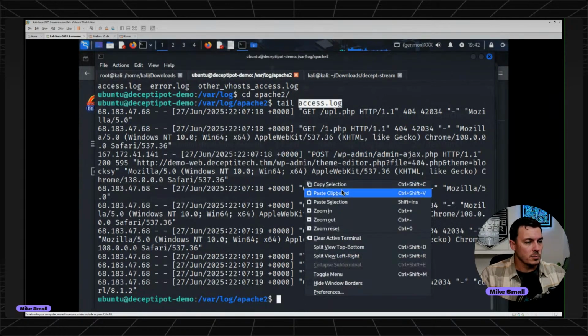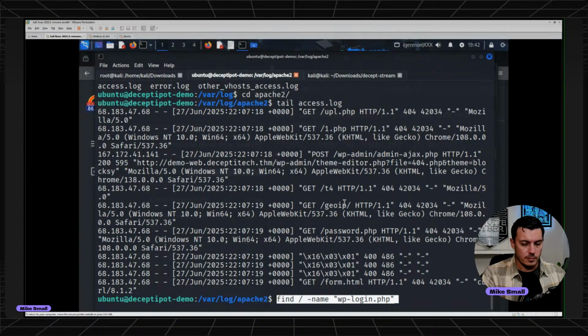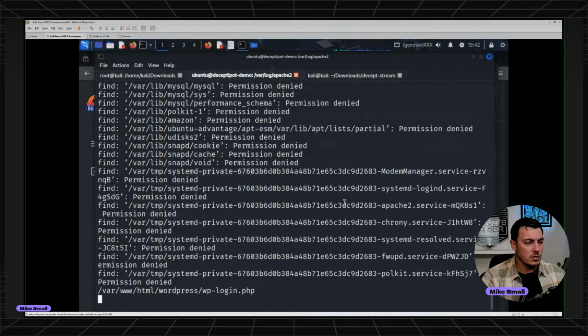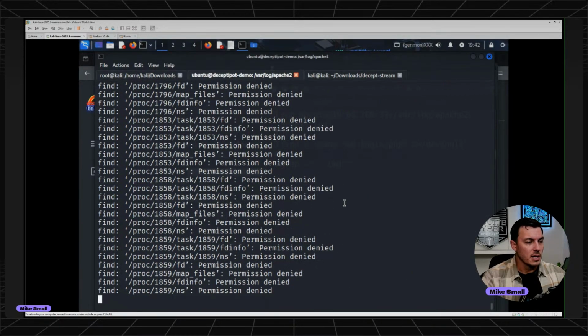All right, so let's paste this in here. The slash is saying we want to start from the root of the operating system, and we do that because we don't know where it's at. So we want it to just find all the things. All this permission denied is what happens if you don't redirect to null.